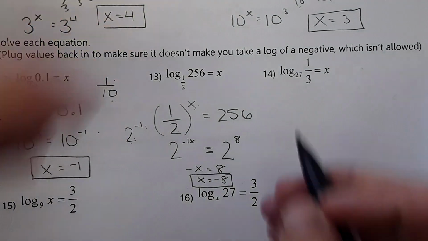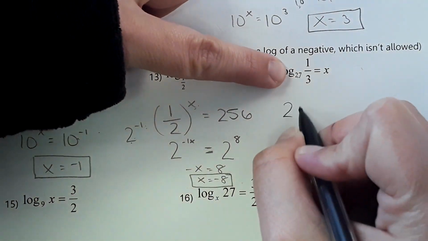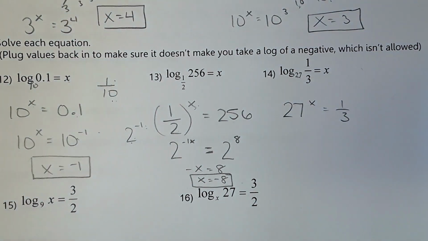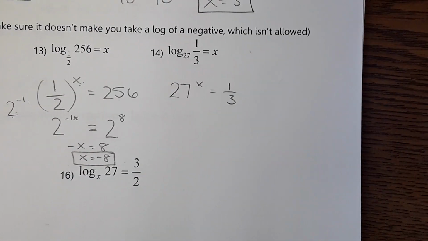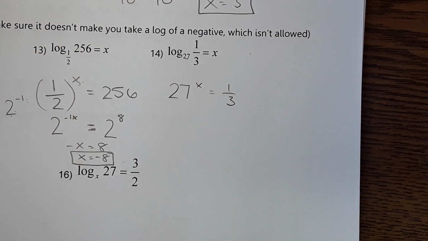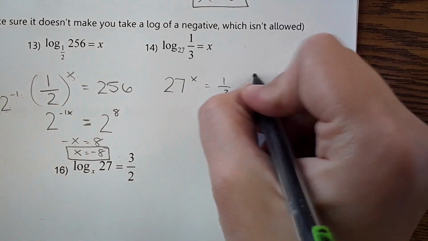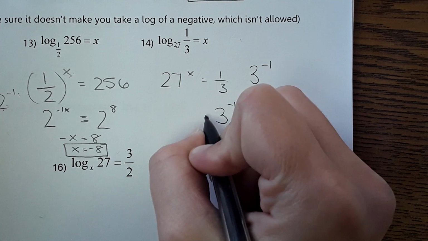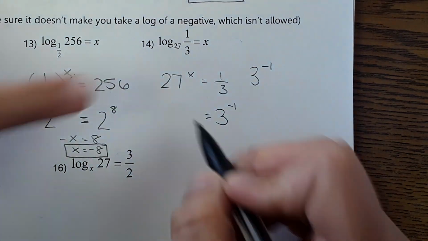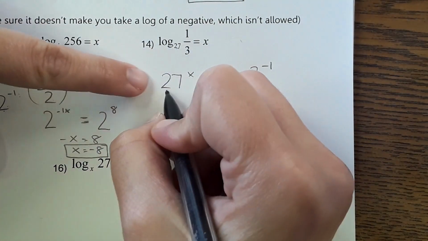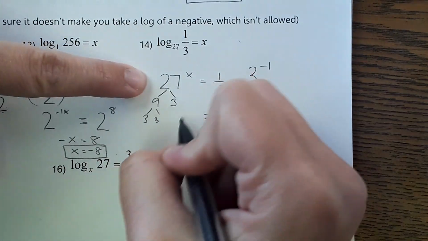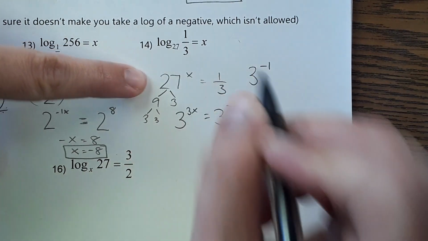14. Base is the base, exponent at the end, so we have 27 raised to the x power equals 1/3. One third, 3 to the negative 1 over here. And then 27, I'm trying to get to a base 3. Yeah. 3 to the third, so it'd be 3 to 3x.